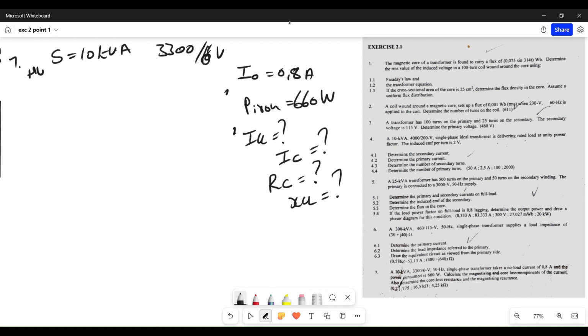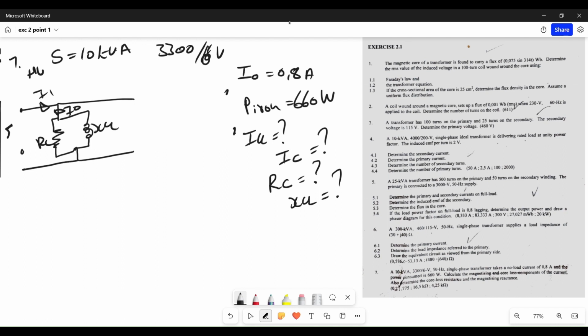This means that as I draw my circuit, this is I0, this is I1, Rc, Xm, and then E0 or V0. I know that my V0 is 33,000 volts, because 33,000 volts is on the HV side.